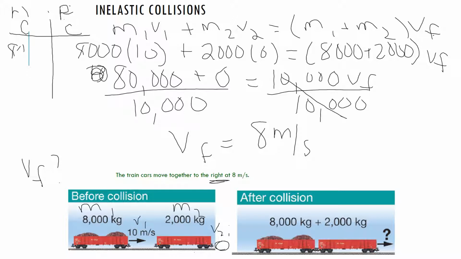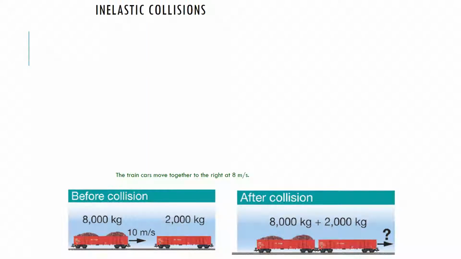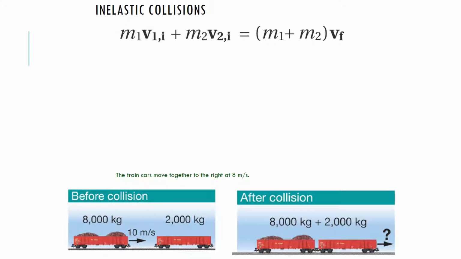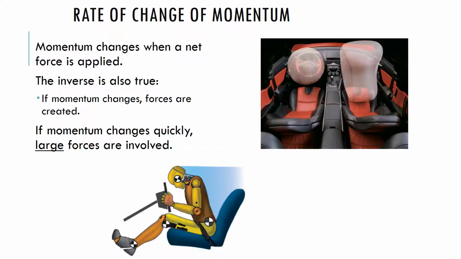All right. So that was the formula. All right, so next to last slide. Momentum changes when a net force is applied. So the inverse, the opposite, is also true. If we have a change in momentum, we have a force being created. If the momentum changes quickly, large forces are involved.